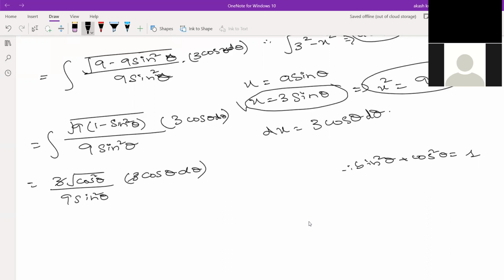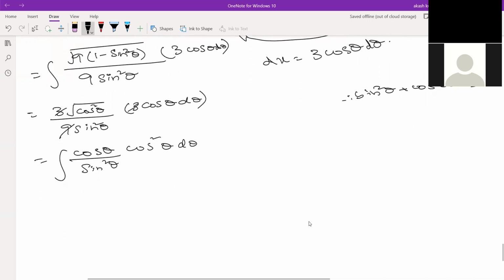This 3 becomes 9, and 9 divided by 9 cancels out. The square root of cos square theta is cos theta, divided by sine square theta, and cos theta d theta. So it will become cos square theta over sine square theta d theta.